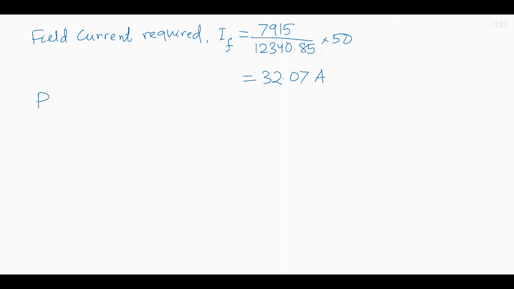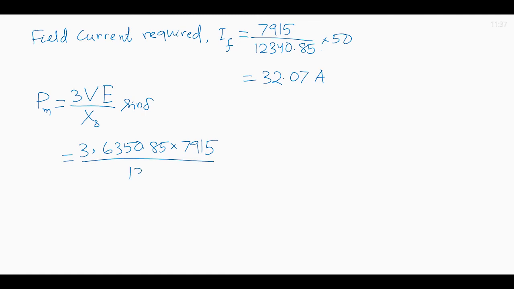So, power PM is 3 V E by XS sin delta, that is 3, supply voltage is 6350.85, that is the rated voltage. EMF at this condition is 7915 volt and reactance is 13.5 because frequency is 1.5 times and delta is 36.64 degree.